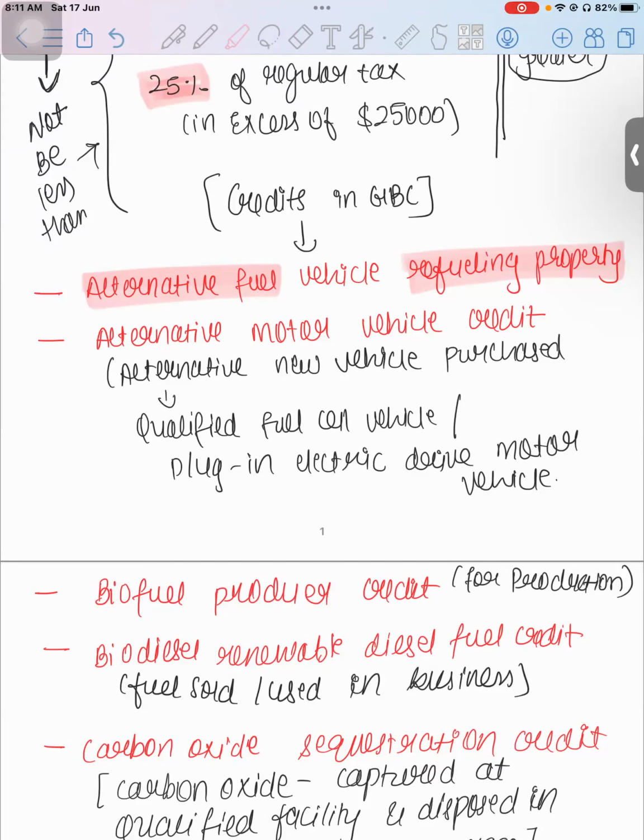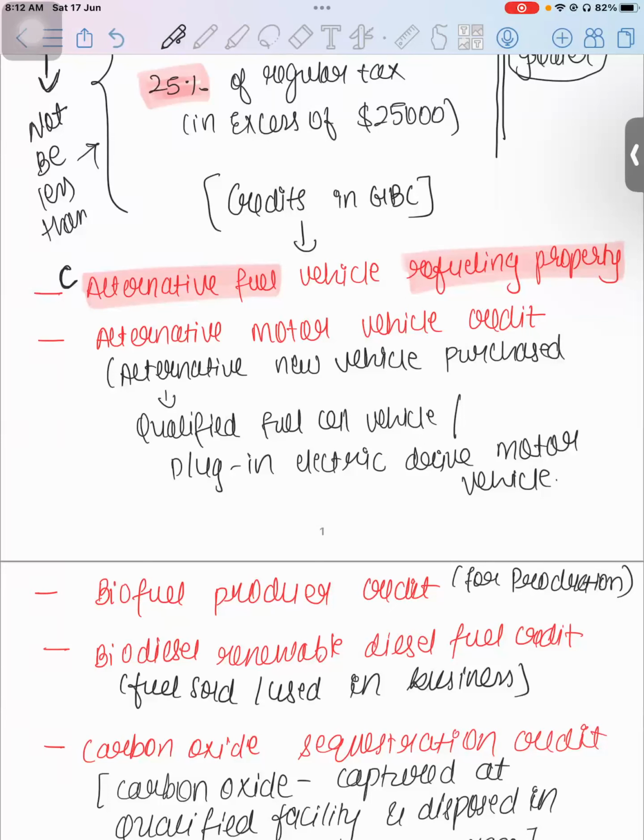If it falls under the definition of an alternate fuel vehicle and you're using that vehicle in your business, then you can take the credit of whatever amount you have paid to purchase that vehicle and use it in the business. Okay, you are not going to see this anywhere in practical life or in the exam. So I'll mark it as a C category.